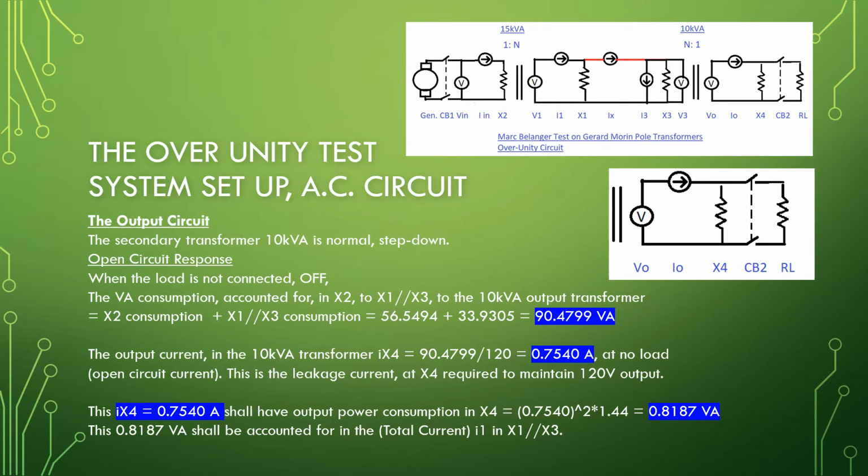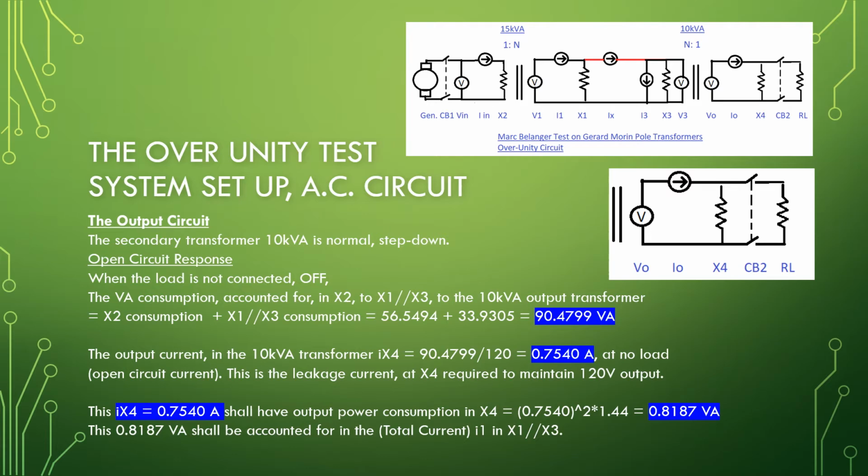The output current in the 10 kVA transformer, IX4, equals 90.4799 VA divided by 120 volt equals 0.7540 ampere at low load.